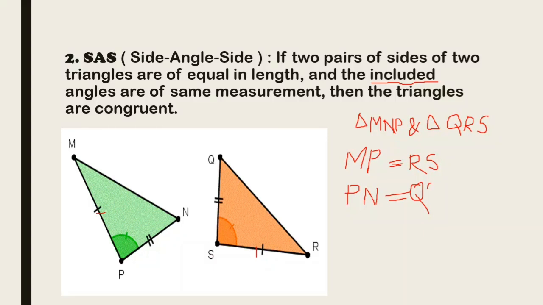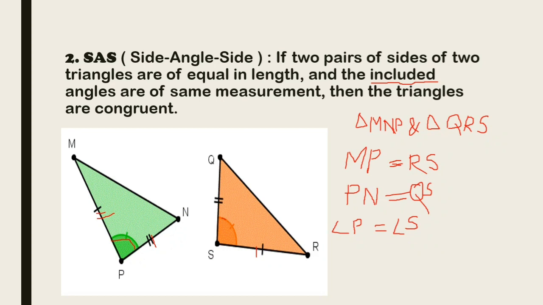And angle P, which is named as MPN, is equal to angle S. So this is how this angle P is included between these two sides MP and PN.